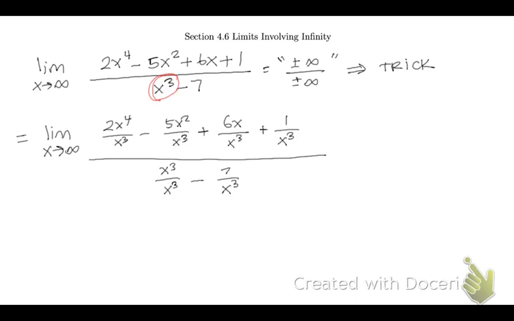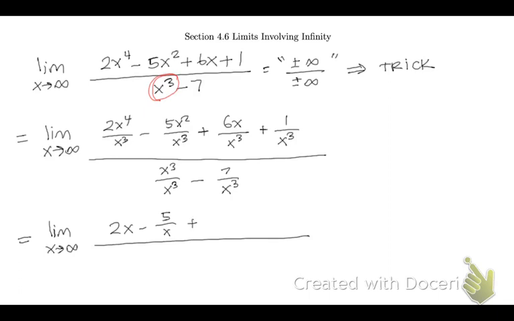So I've recopied the entire rational function, but now I've got all my x cubes in the denominator. Now we're going to reduce, so go through each fraction and reduce as much as you can. 2x to the fourth over x cubed, that's going to leave me with a 2 and an x. The second fraction, I'm going to have one x left over in the denominator.